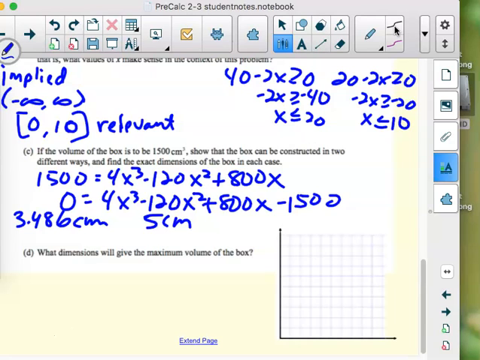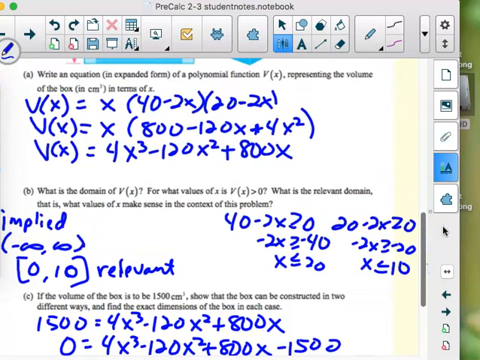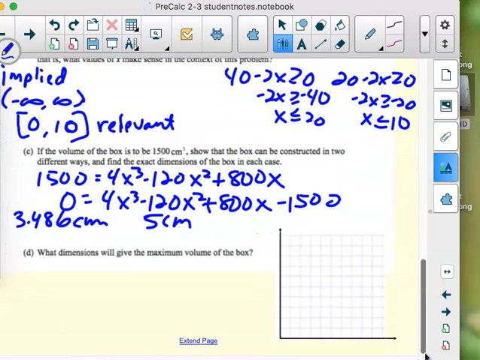So what we would have to do is go back and put our 3.486 in each of these spots to find what the other dimensions would be. So 3.486 would give us 13.028 and 33.028 centimeters. And the 5 is a little bit easier when you put it back in there. That gives you 5 by 10 by 30.